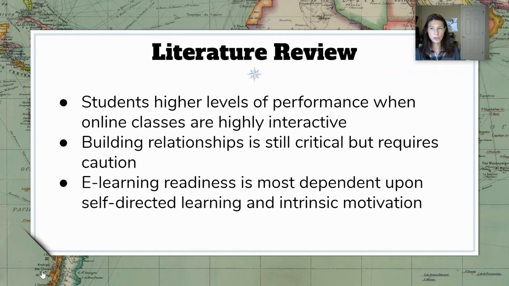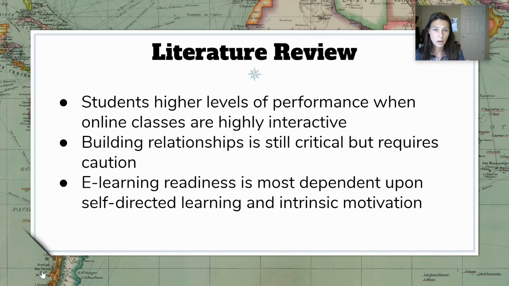So I looked at three different peer-reviewed literature articles on the topic, and each bullet point represents something that I found to be most interesting about the article itself. So the first article, I learned that students demonstrate higher level of performance when online classes are highly interactive.